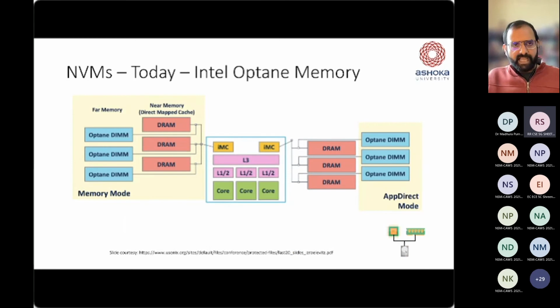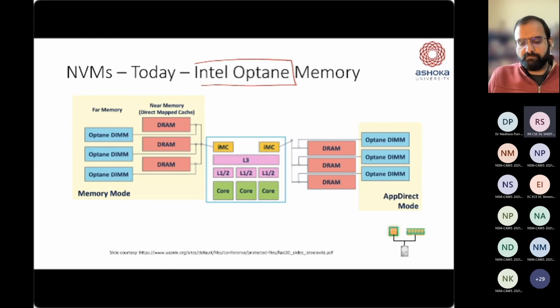And both of these variants are present in today's, well, basically the only product that's available on the market for non-volatile memory as such. So Intel's Optane line of products are the only products that are available today, and they have again the two modes that I just talked about, and they of course call them differently.